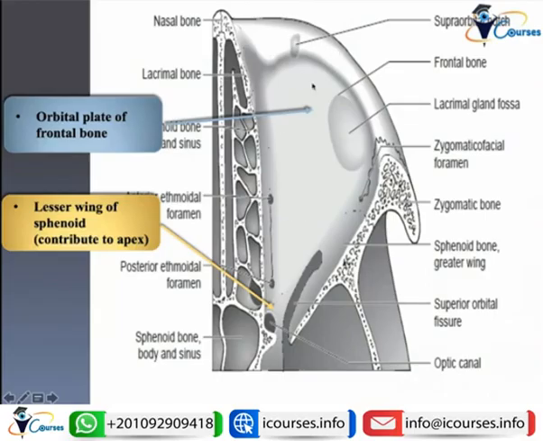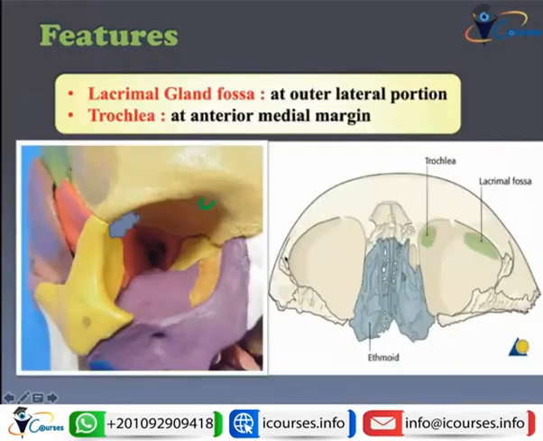And this is the bone which makes the anterior part of the roof, the orbital plate of the frontal bone, while the lesser wing of sphenoid will share in the formation of the orbital apex. So it will share in the formation of the optic canal, and it will be present posteriorly. So the lesser wing of sphenoid is the part that shares in the formation of the orbital roof.